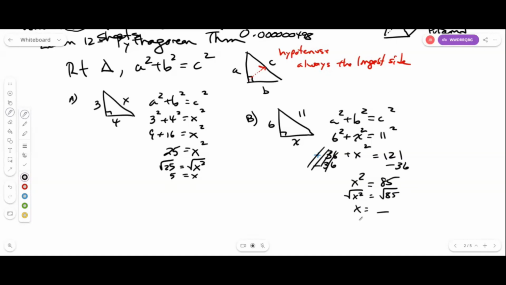The square root of x squared is x, and the square root of 85 is 9.22. So the missing leg is, rounded off, 9.22.